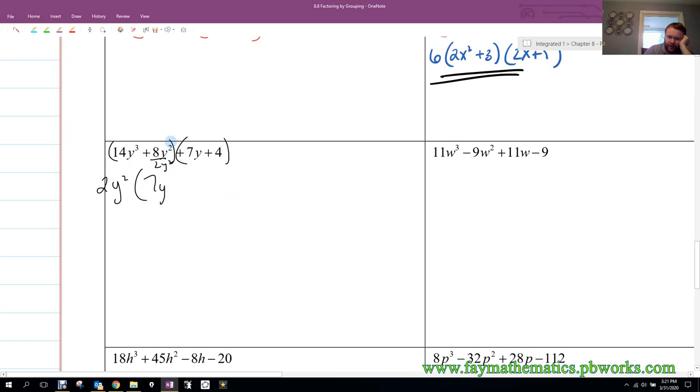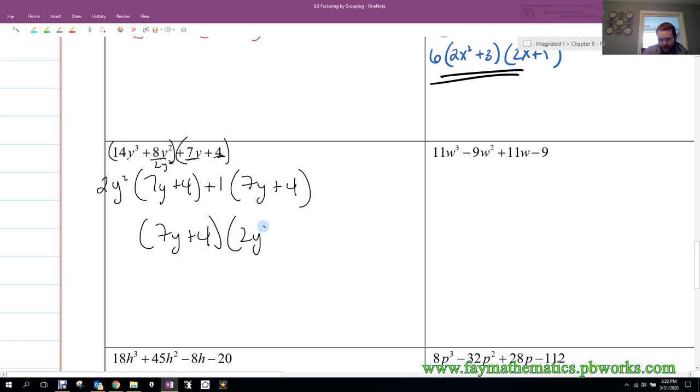Divide this by 2y squared, and it gives me just 4. So it's a special case right now. We see that this 7 and this 4 don't have anything in common. So they're always divisible by 1. And when I divide by 1, it doesn't change anything. So now 7y plus 4 is a factor, and 2y squared plus 1 is a factor. We're done.